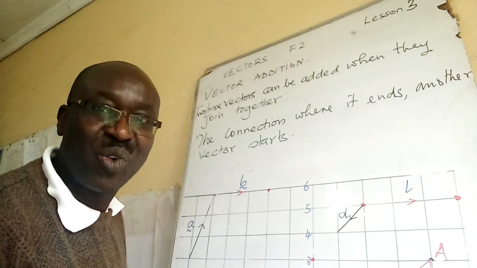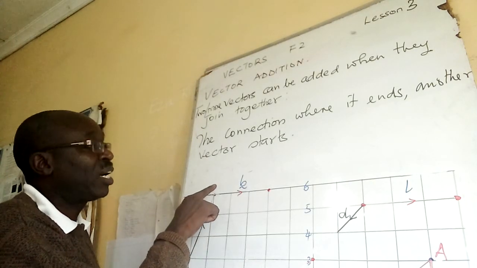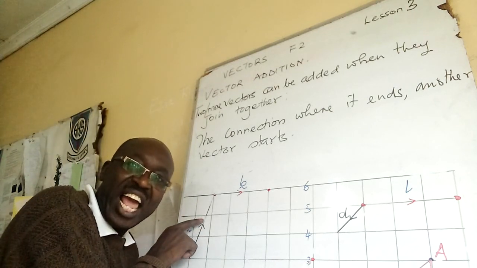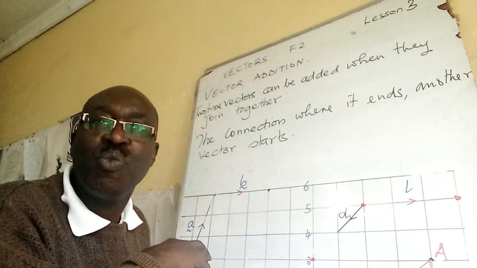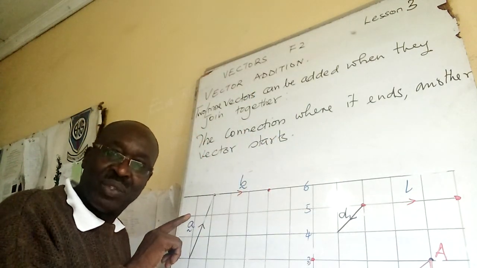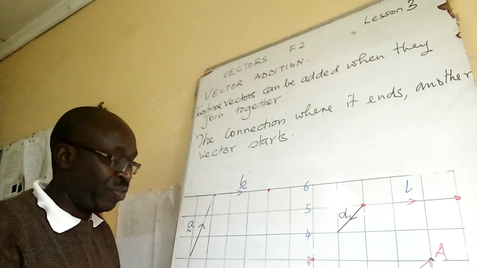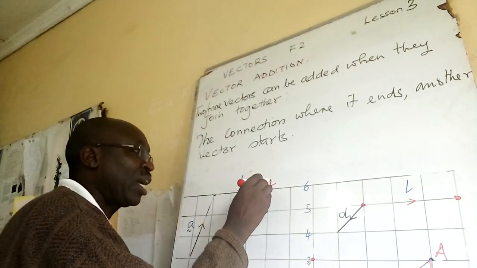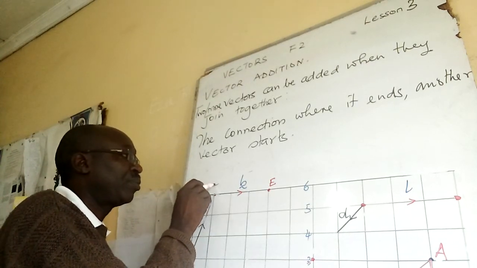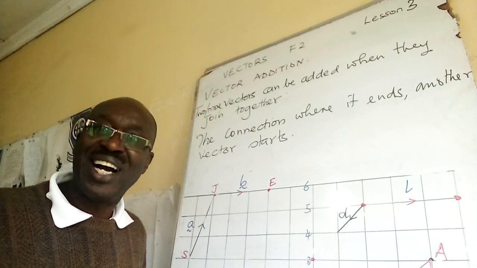If you're doing physics, flow of current. So I move from here to there. Where vector A ends, you connect, you take another matatu. So this is my starting point, this is my end point. This is where I started, I joined, and I ended.